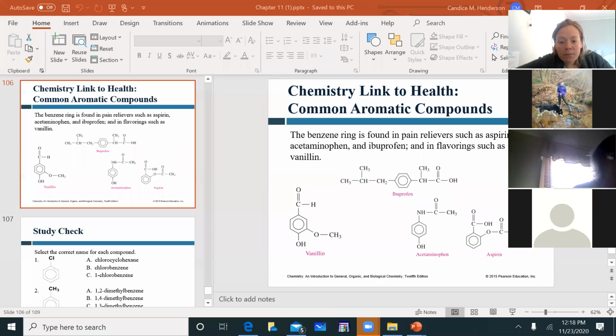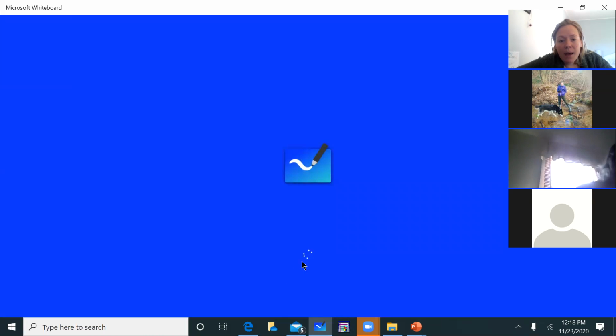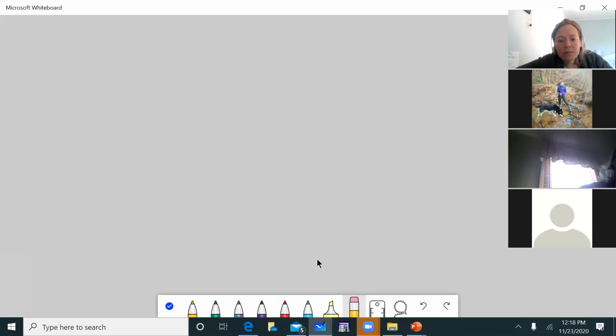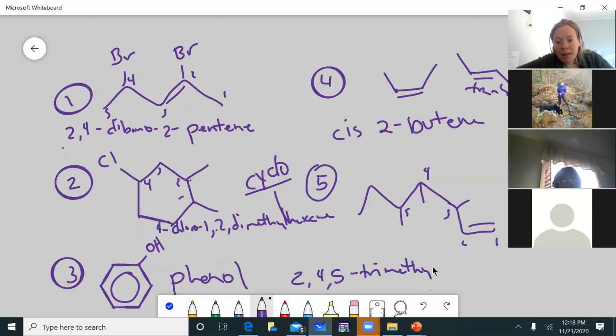Just make some more space here. All right, 2, 4, 5 dash trimethyl dash 1 dash heptene.